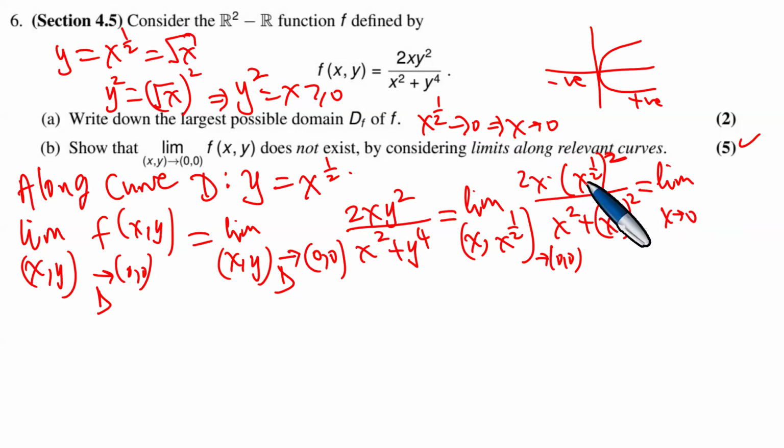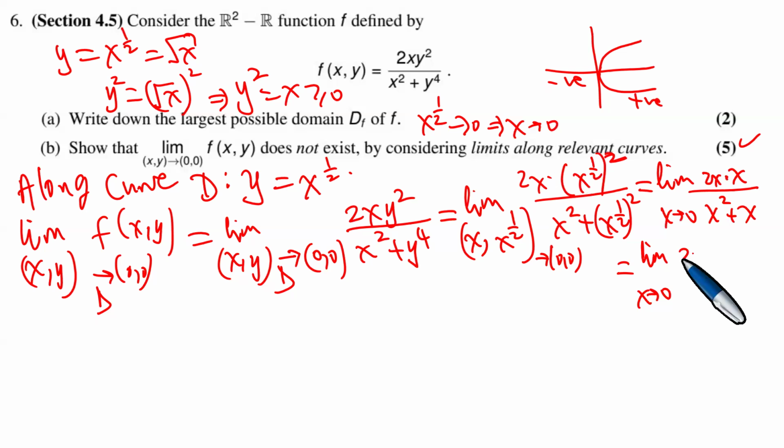Now if you come here, this one is 2x times, and if you square the square root, it becomes just x, which is x squared plus, if you square this one, x. The numerator of the expression just got 2x squared at the top.